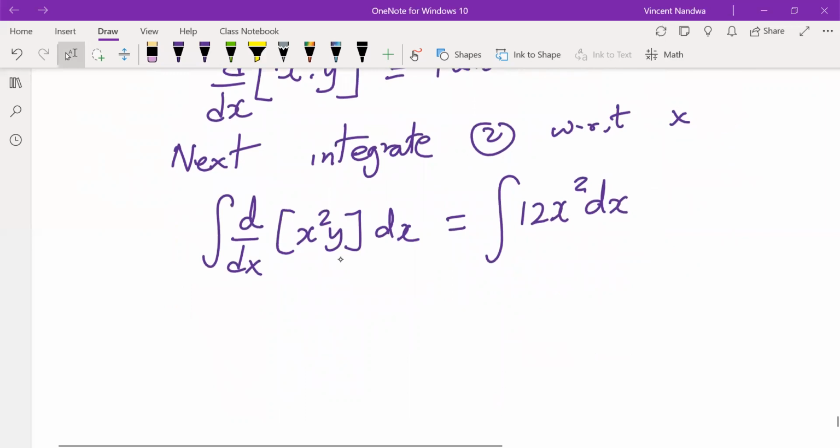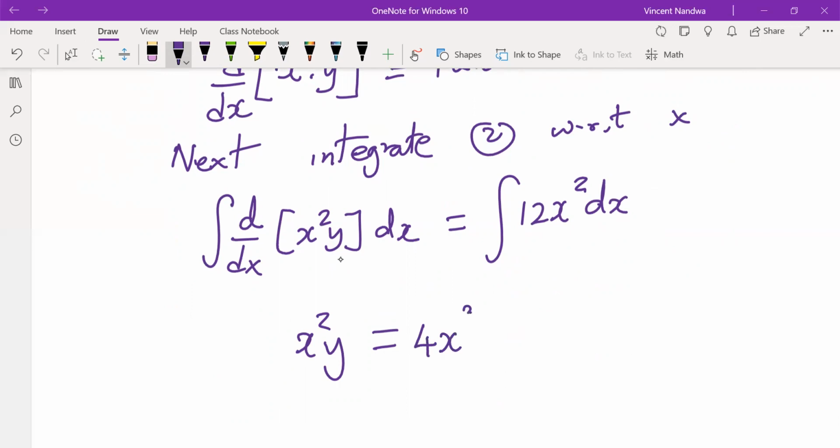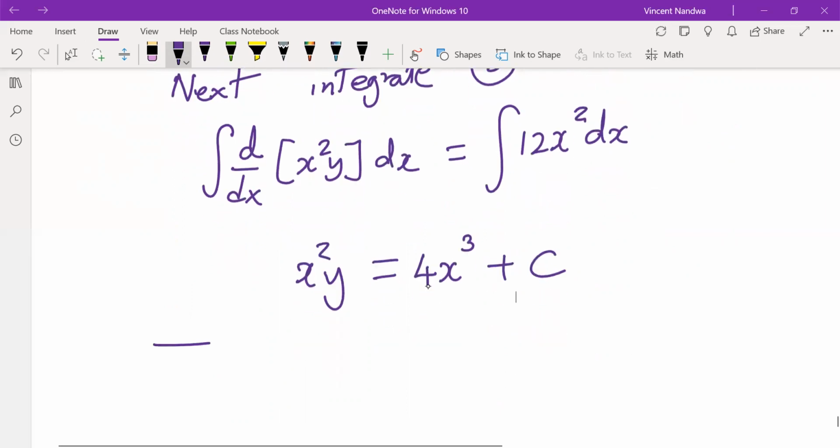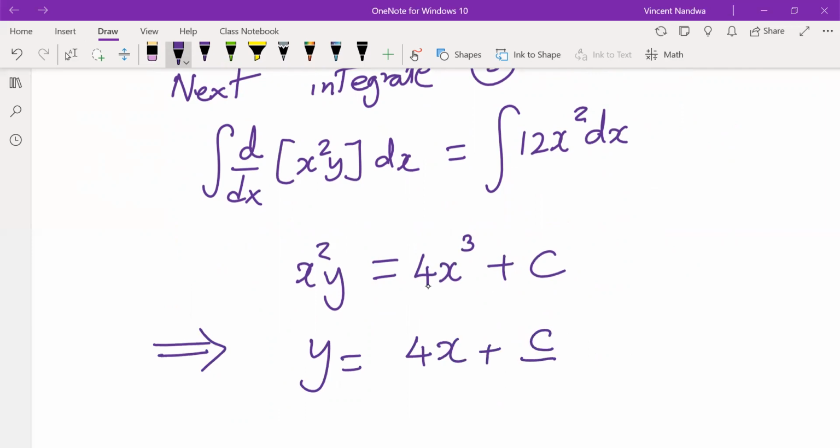Now, integration and differentiation are inverses, so this gives x squared y equals 12 divided by 3 is 4, x to the power 3, then plus c. And from this one, it's not hard to solve for y, so y equals 4x plus c over x squared. So this is the final solution.